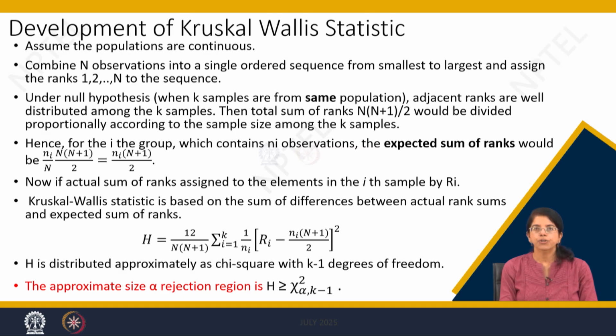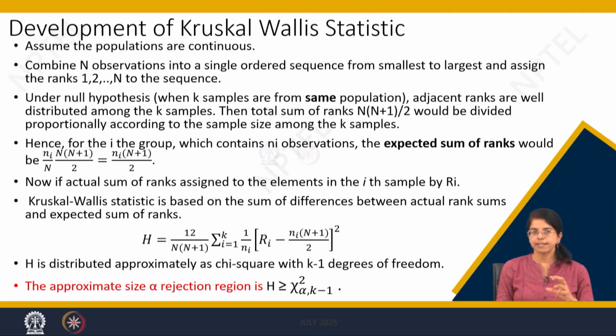Hence, for the ith group which contains ni observations, the expected sum of ranks would be the value multiplied by the probability. What is the probability here? Capital N is the total sample size, and out of that capital N, small ni is the sample size valid for the ith group.